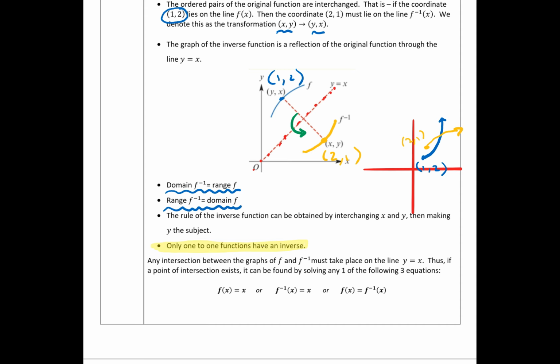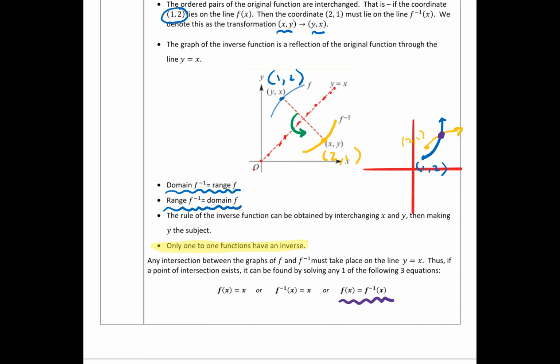Now, you can see here that in this instance, we have a point of intersection. So how would I find that point of intersection? Well, there's 3 different ways. Like anything, if I want to find the point of intersection between two graphs, I could let one graph equal the other. But that can often be hard.